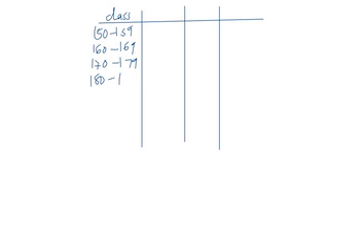In the first column we have the class 150 to 159, 160 to 169, 170 to 179, 180 to 189, 190 to 199, 200 to 209.